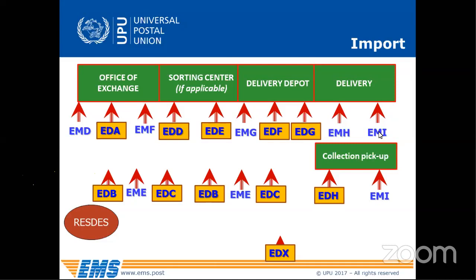So the efficiency of each postal administration as regards data capturing lies on what we are doing at our various post offices. Because at the exchange office, it is compulsory. An item cannot pass through without being keyed in. There's no way you can avoid it.